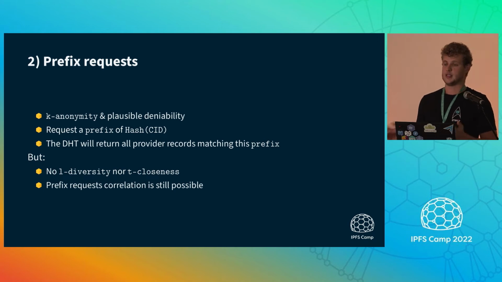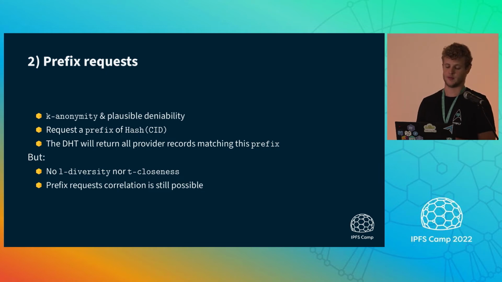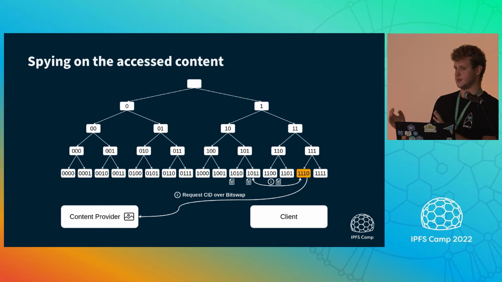And so in this case, in order to gain key anonymity and plausible deniability, because that's usually a desired component of privacy, what we can do is request the prefix of this second hash, which means that we can request a prefix and we will get approximately to the right region in the tree. So the node can still help us route to the right place.